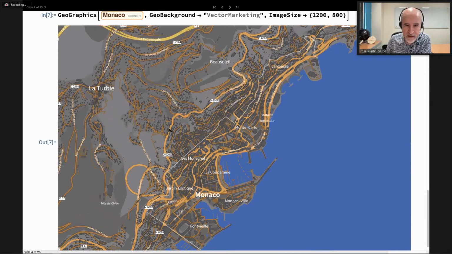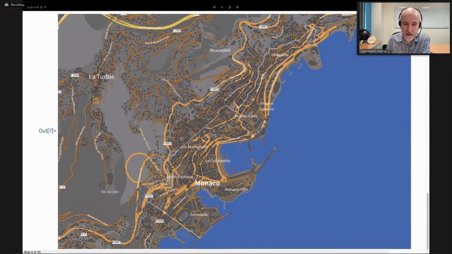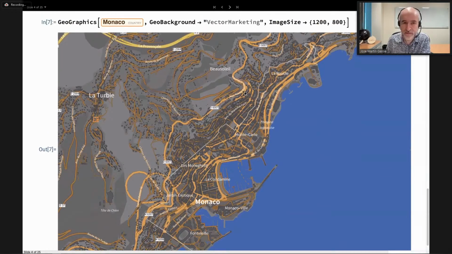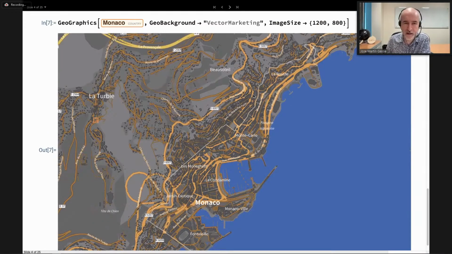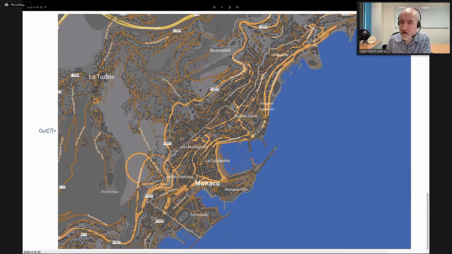We can click here and get the various elements of the map, etc. Right? We label the roads along the roads, etc. So as I said, in the future you will have access to all these vector elements and their styles. Okay. So this was a very quick introduction to how to produce maps with GeoGraphics.